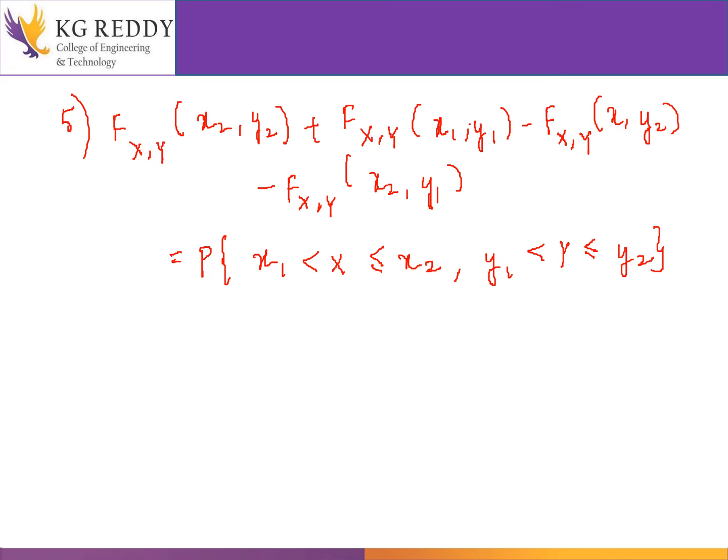Whenever we wrote a single probability, we wrote it as F(x2) minus F(x1). The same thing I have written in that format for the two variables x and y.